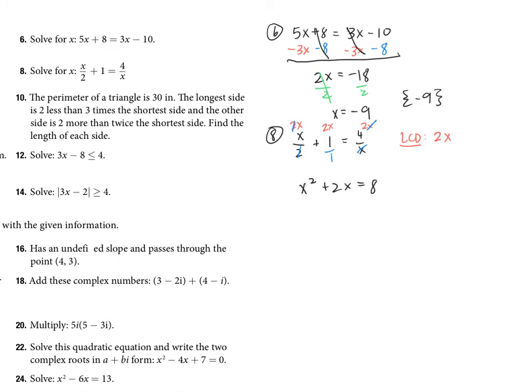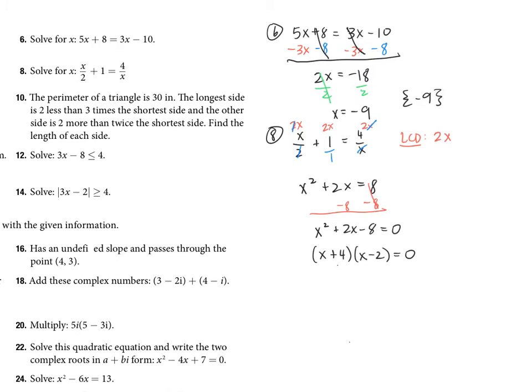So we have a quadratic equation. To solve that, I want to move everything to the same side and set it equal to 0. So I'm going to have x squared plus 2x minus 8 equals 0. I can factor this. So x plus 4, x minus 2. If I multiply 4 and negative 2, I get negative 8. And if I add 4 and negative 2, I get positive 2.